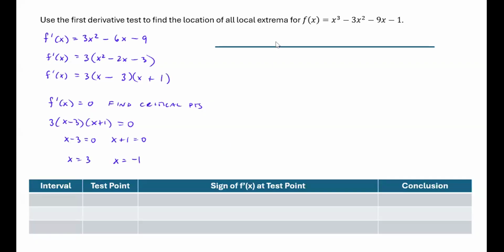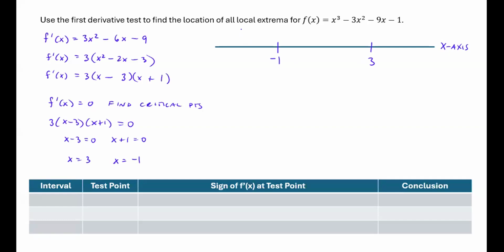I'm going to put these on a snapshot of the x-axis. So here's my negative 1, here's my 3, and think of this as your x-axis. What it's doing is dividing your x-axis into 3 different intervals.